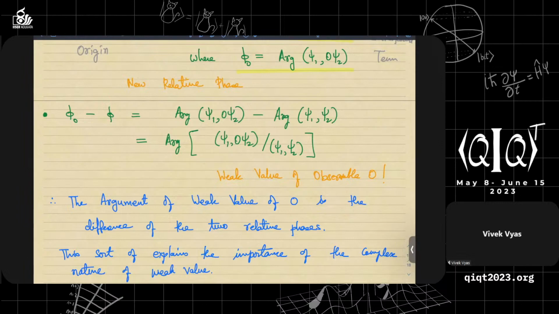And very interesting. They have attracted a lot of attention in the community, and a lot of thought has been dwelled on to give meaning to the complex nature of this object. Why is this weak value complex?